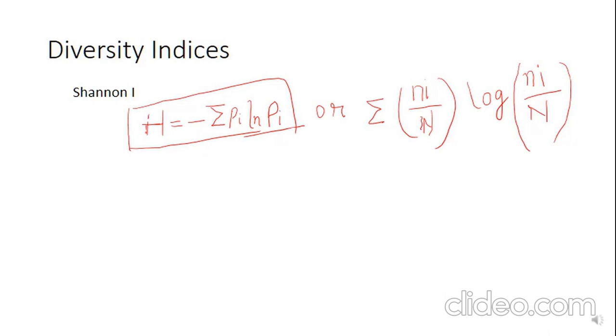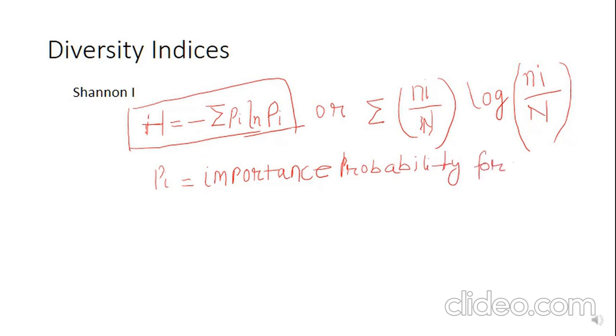This pi represents here the importance probability for each species.